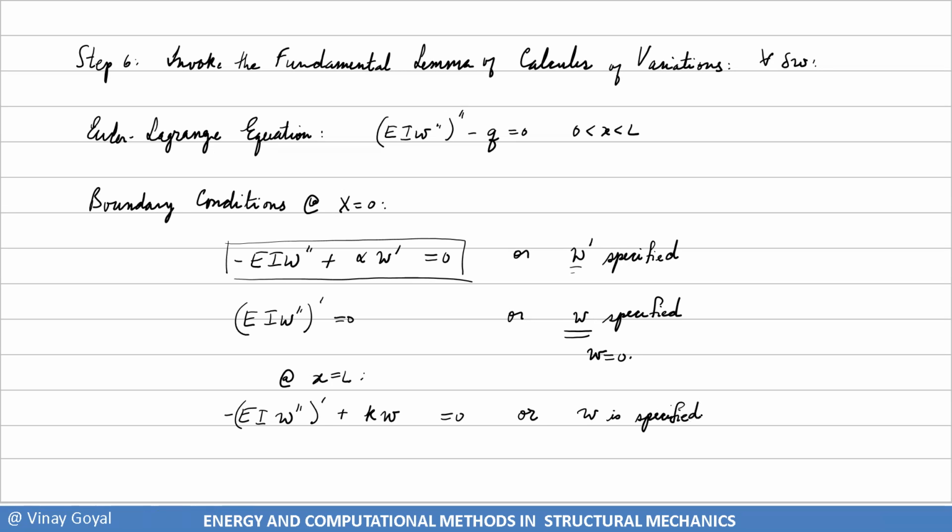At the right boundary, we're not specifying w, so this has to be 0, and that should be the boundary condition at x equals L. Again, these are the natural ones, and those are the essential ones. The essential ones on the right.